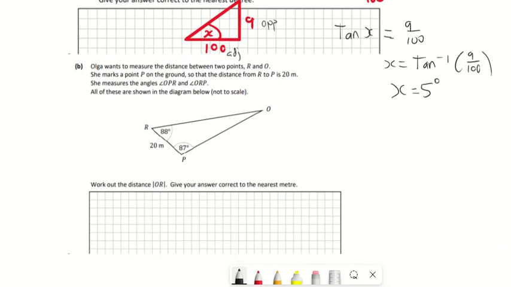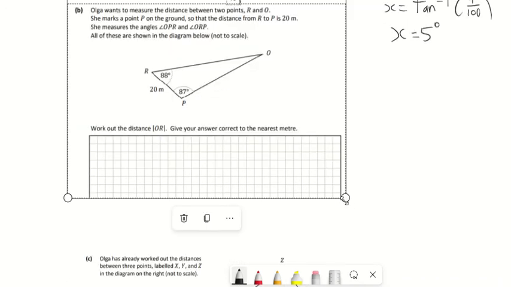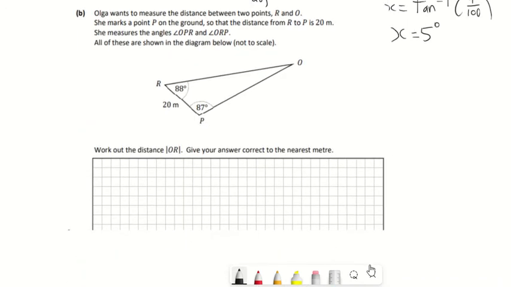Right, so part B then, we just have to work out the distance OR. OR is here, so I can put an X there. You should hopefully be able to see that you have to use sine rule here. You've got two angles, and you're given one side and asked to work out another side, so it's clearly just sine rule.